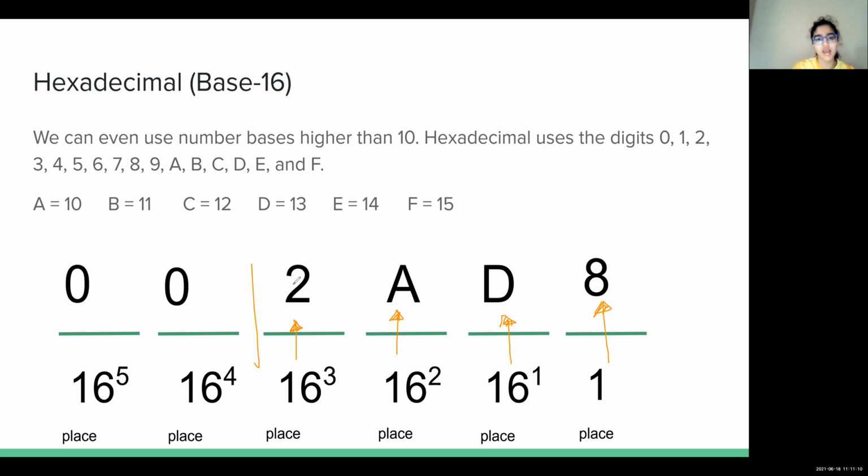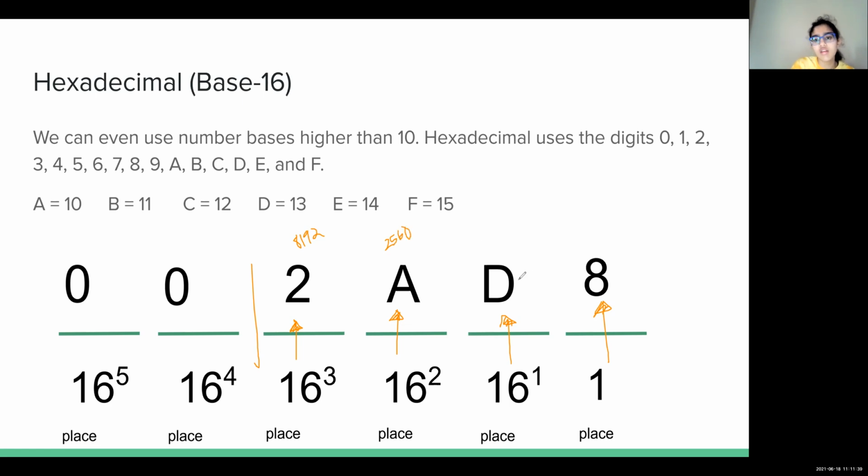So 16 cubed times 2 is 8,192. Then 16 squared times A, which is 10. So 16 squared is 256, times 10 is 2560.